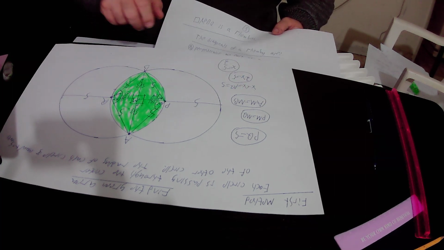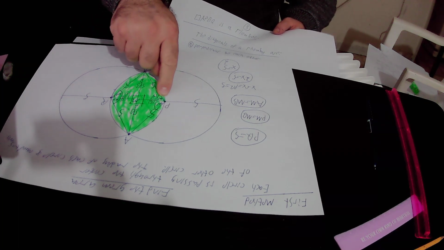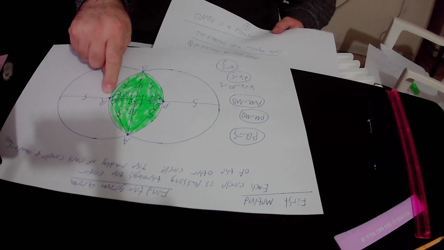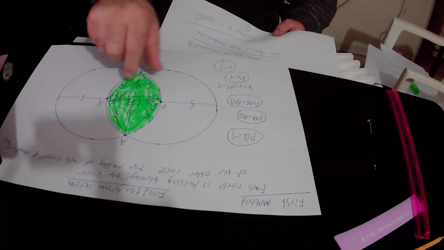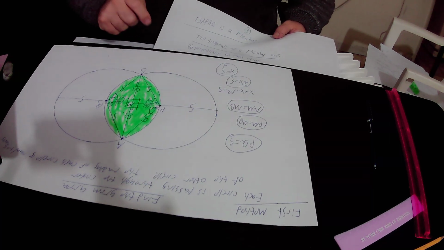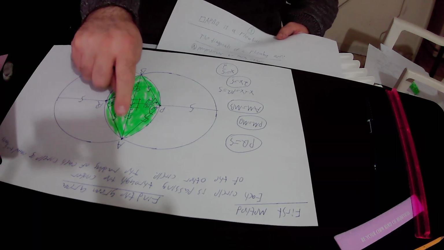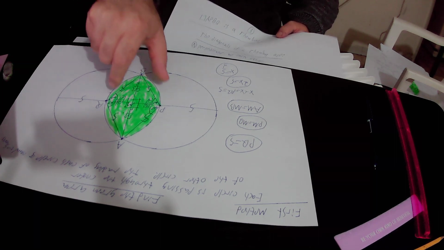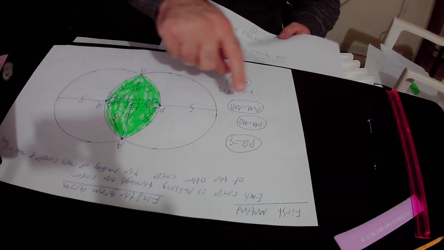Okay, but we know that PQ is the radius of this circle. Why? Because it starts from the center of this circle, that is to say from point P, and ends at point Q, that is a point of this circle itself. That is to say, PQ equals 5 units from one side, but from the other side, because the diagonal AB bisects PQ, it means that PM equals MQ.